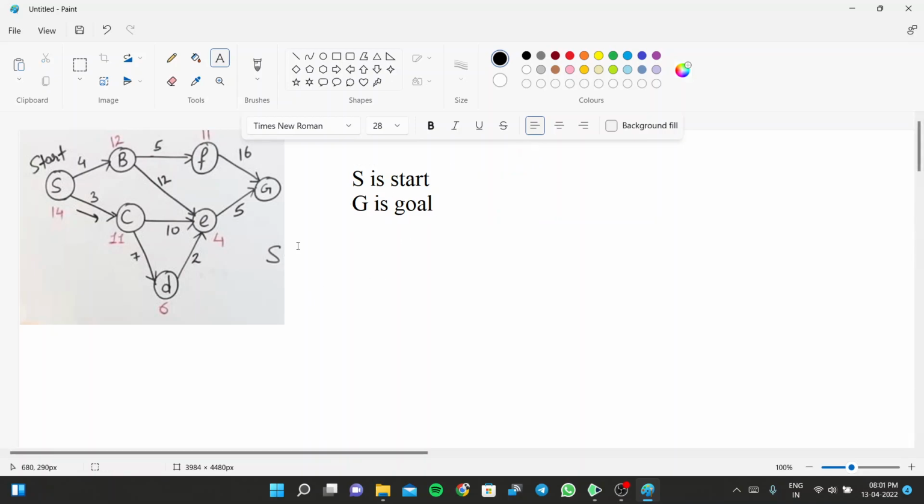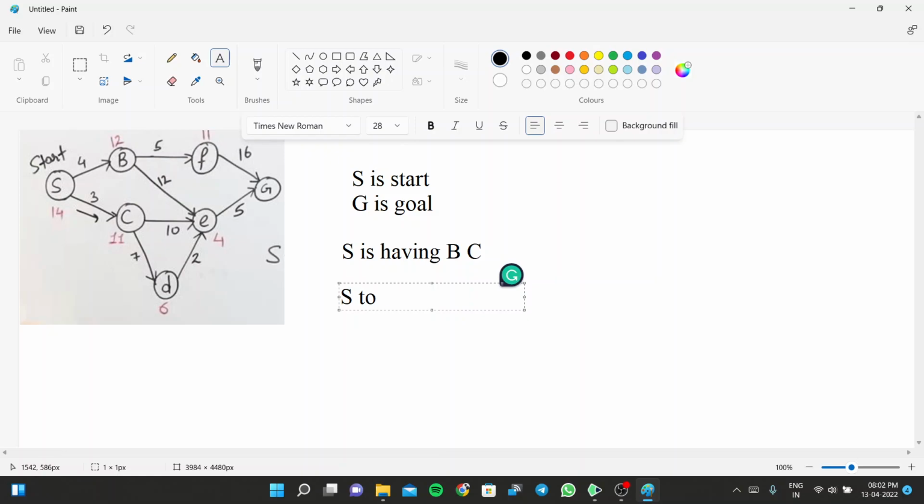Now we need to perform some calculations. S is the start node, and it has B and C. First I will calculate the distance between S and B. So the distance plus the heuristic value.